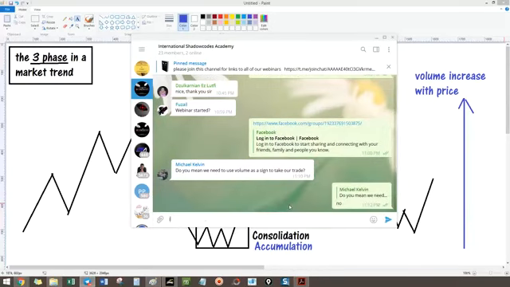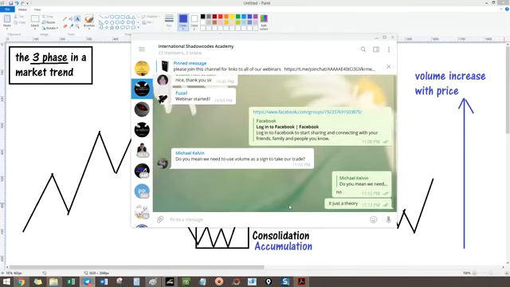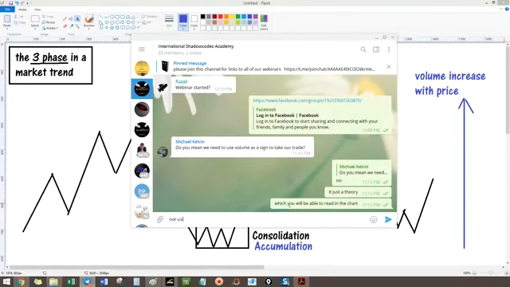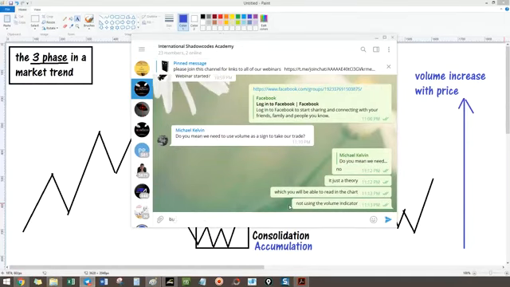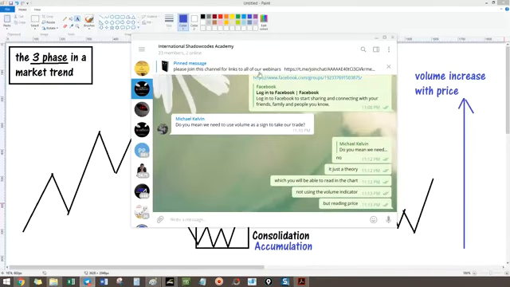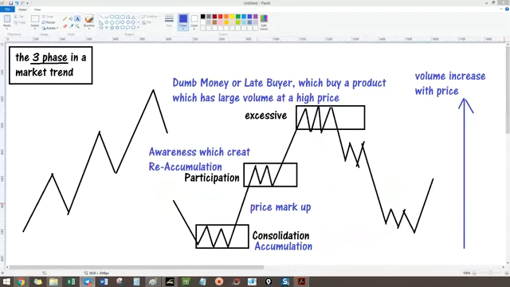No, it's just a theory which you will be able to read in the chart, not using the volume indicator, but reading price. All right. So I will proceed.